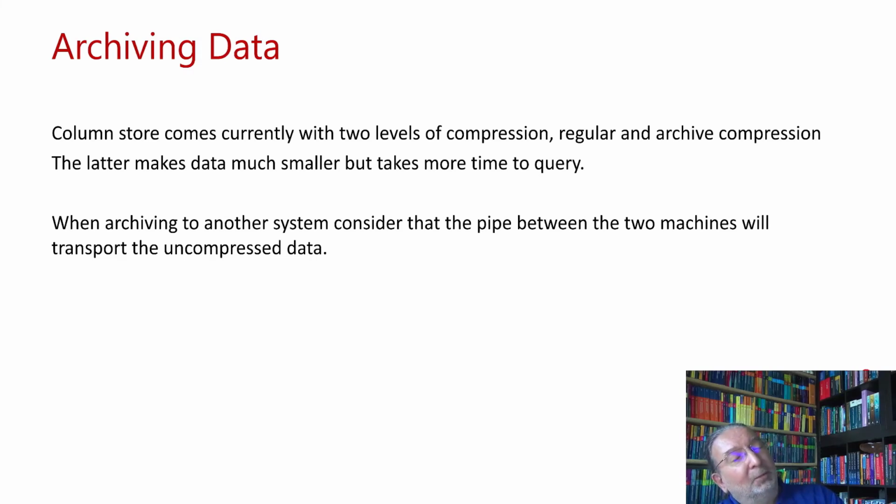When you archive, even on the same machine, yeah, so if you archive from one database to another database, you will feel it much more if that other database is on another server. Yeah, if you move data from column store into another column store, it is unfortunately not done efficiently. So imagine we have a perfect row group where all the columns are the same for whatever reason.